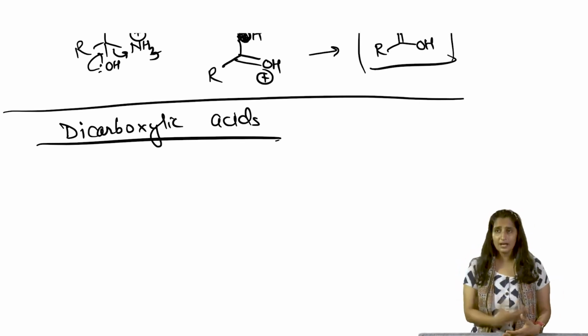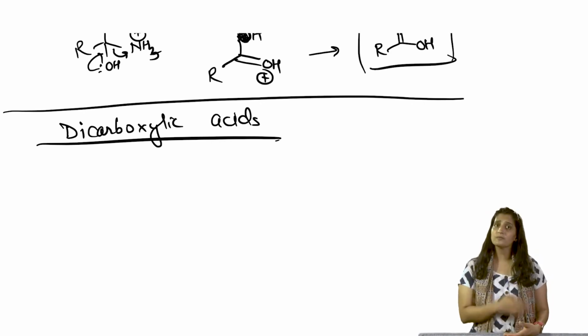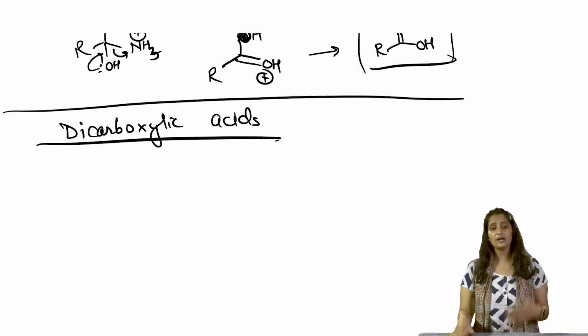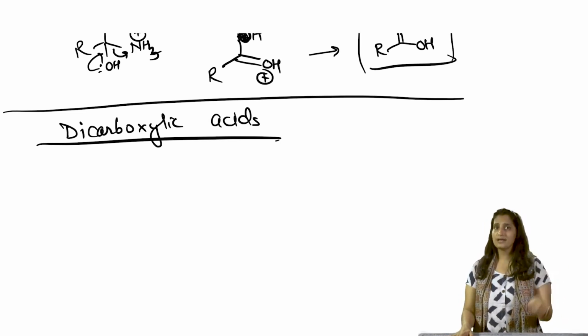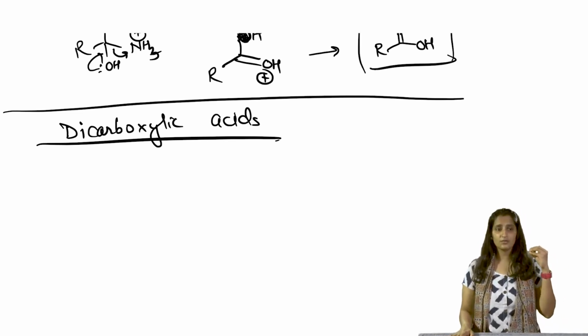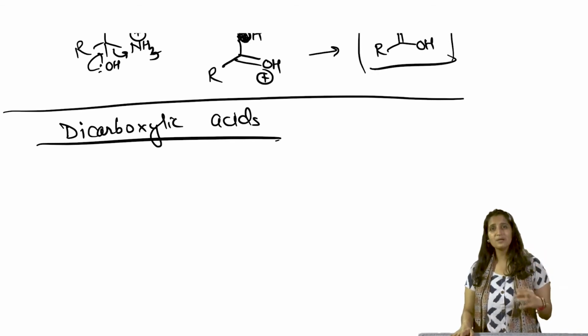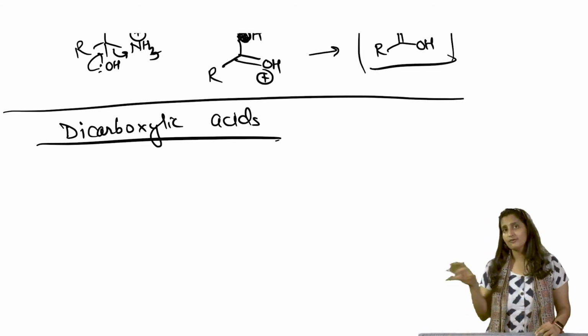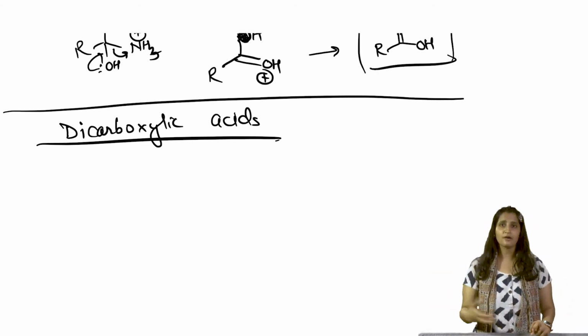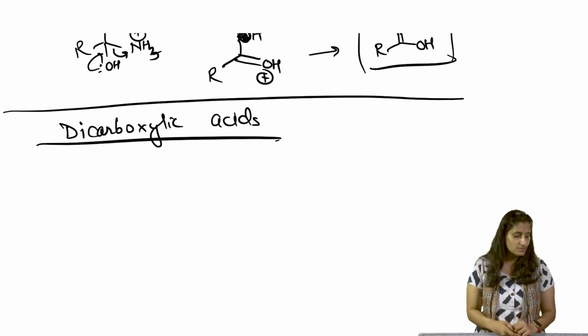Having said that, the dicarboxylic acids are important in most biological processes as well as in industrial processes. They are required to manufacture various dyes, chemicals, paints and pigments. They are really important from that aspect, and there is a lot of commercial application for these molecules.